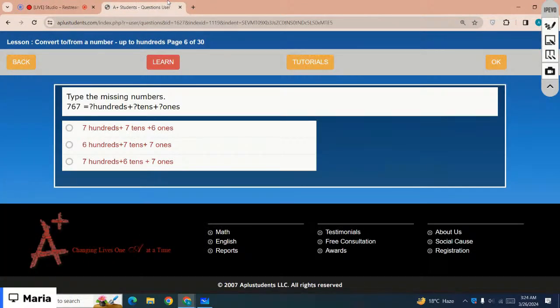The next one is type the missing number 767. Which is the digit at the hundreds position, then tens and ones? Which is the correct option?